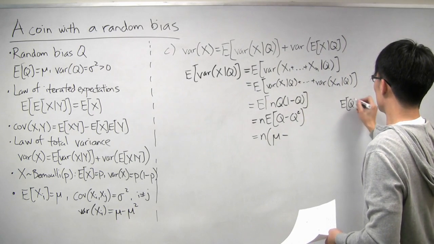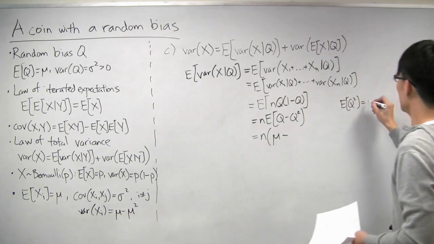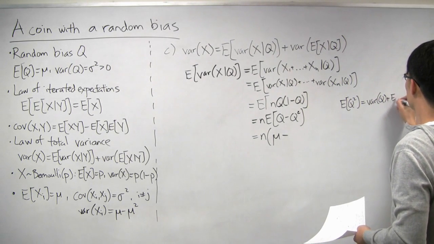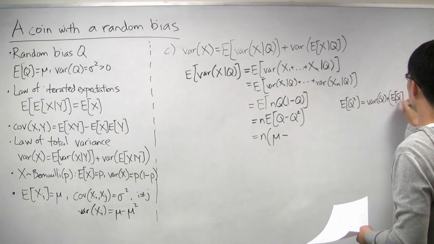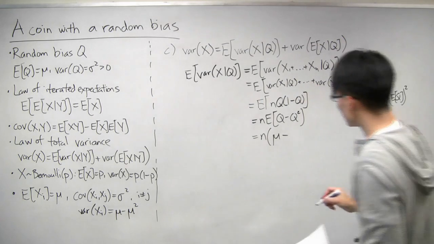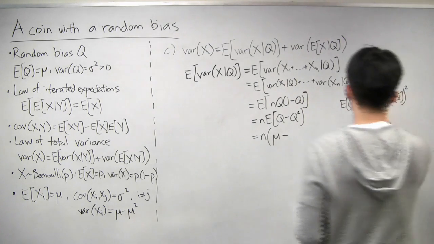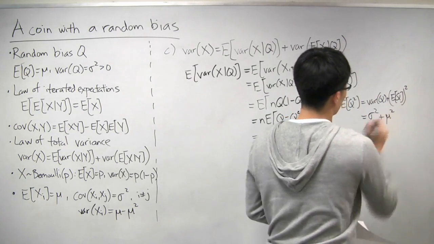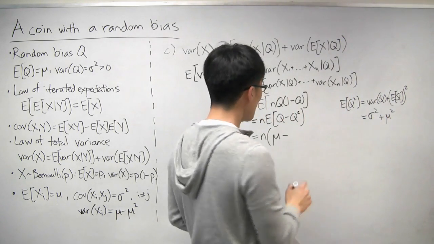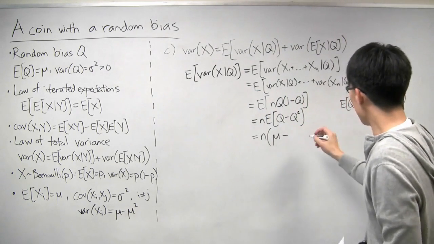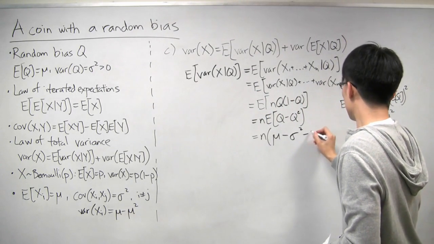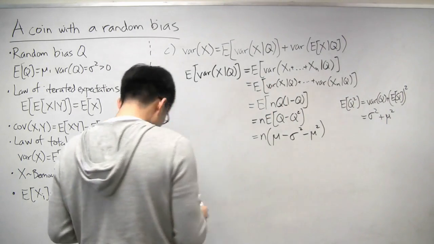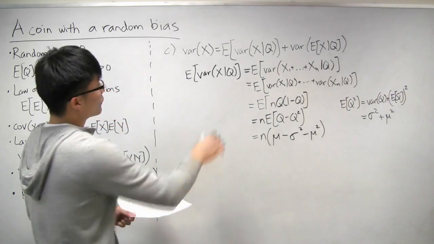The expectation of q squared is the variance of q plus the expectation of q, quantity squared. Right? So that's just sigma squared plus mu squared. And so this is just going to be then mu minus sigma squared minus mu squared. All right, so that's the first term.